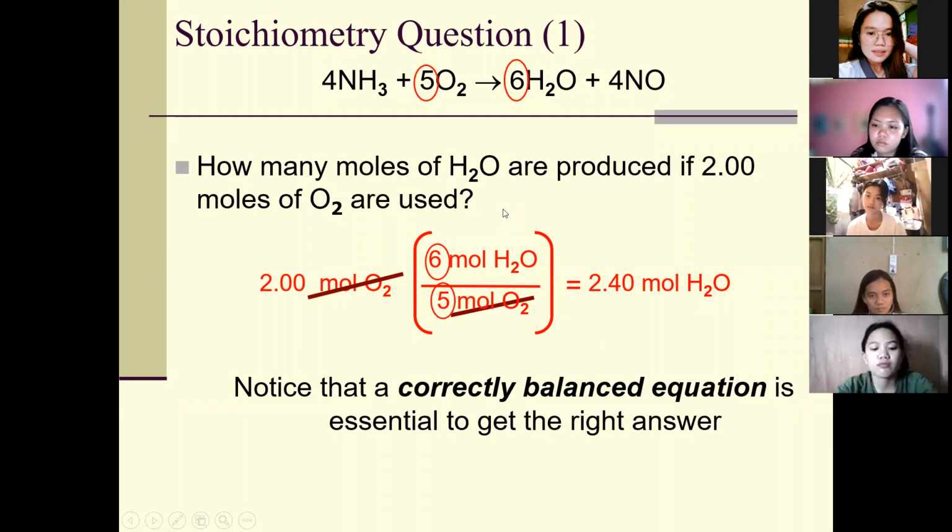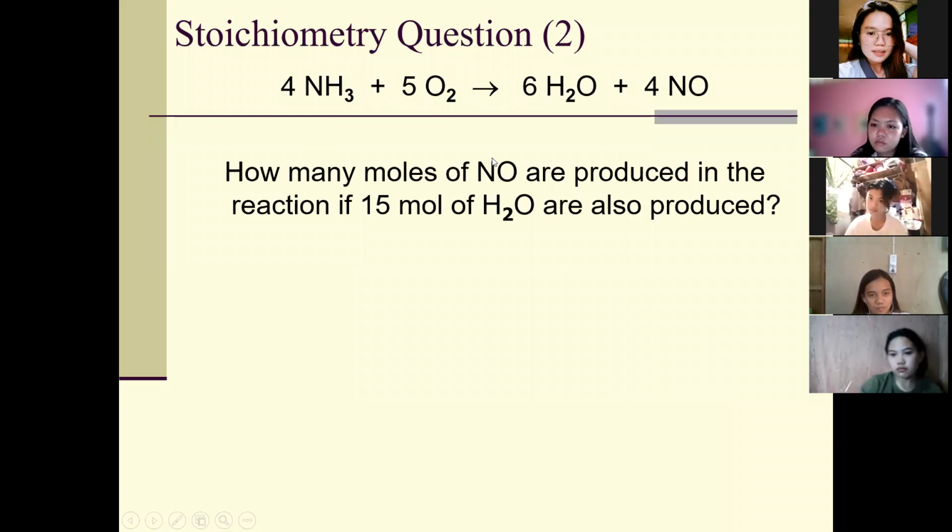Again, please balance the equation first before proceeding with the computation. So let's try this. How many moles of nitrogen monoxide are produced in the reaction if 15 moles of water are also produced? So pwede din ganito, class.